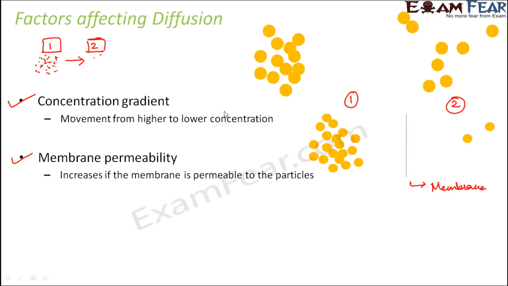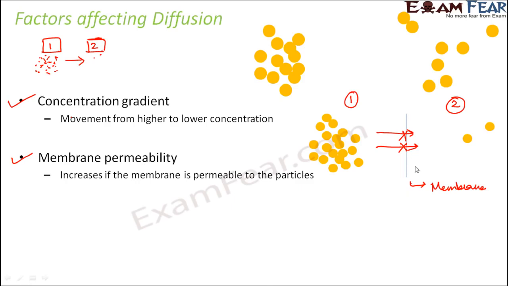Now let us suppose here you have region 1 with a high concentration of a particle, say a particular gas. Here the concentration is less. As per the concept of diffusion, the diffusion should take place in this direction. But now let us suppose the type of membrane present between the two regions doesn't allow this particular gas to pass through it. So in that case, what will happen? The rate of diffusion will decrease.